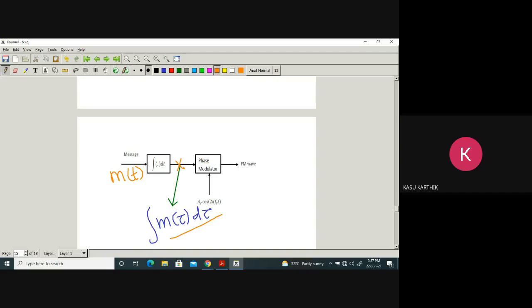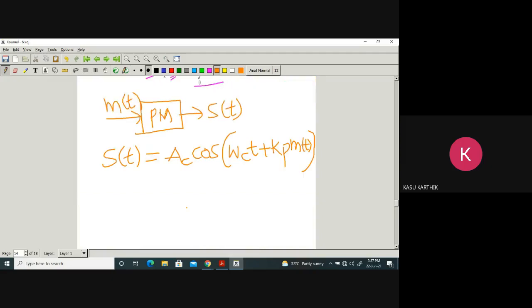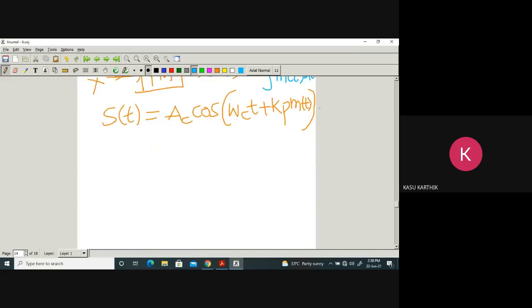Now the input of this phase modulator is not m of t, but the integration of m of t, that is, m of tau. So what output do you get?